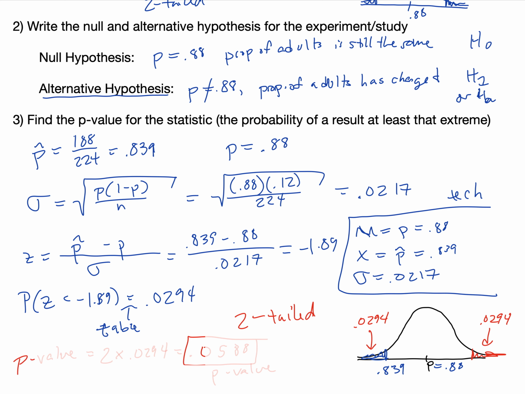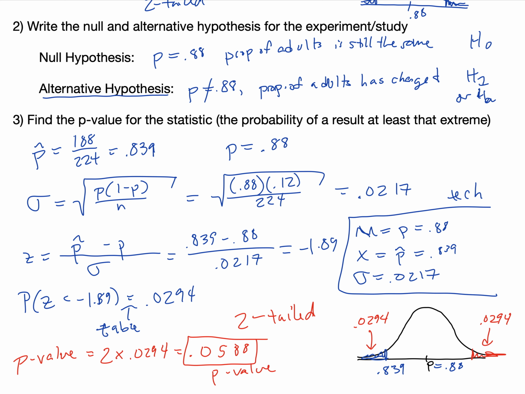And so that means that our p-value is not just 0.0294, but it's 2 times 0.0294. It's those two tails added together, and that gives us 0.0588. So 0.0588 is our p-value.